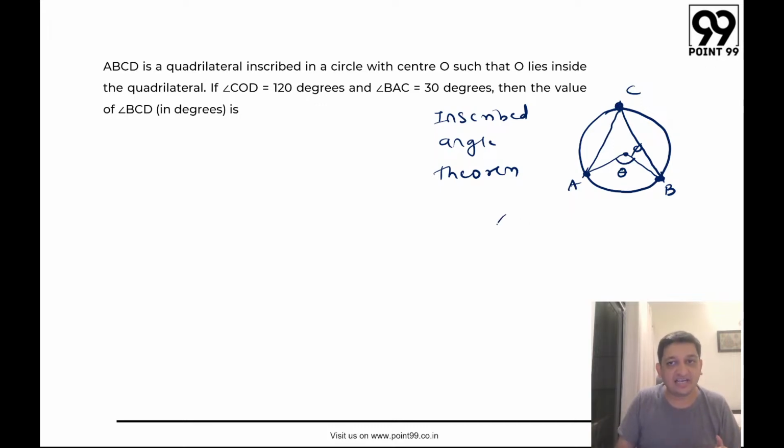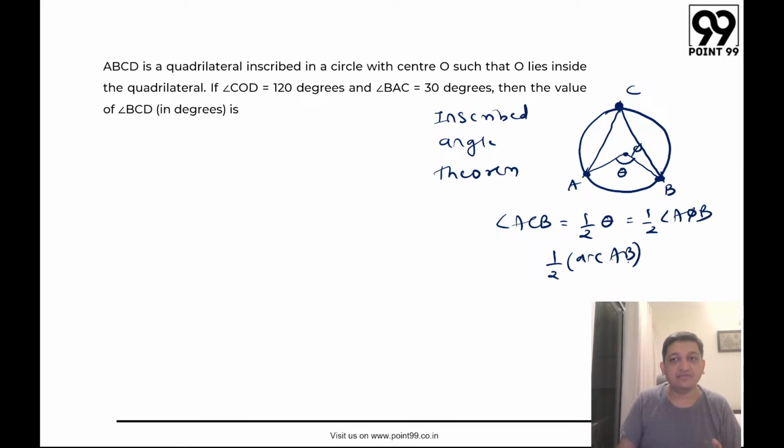Then we can say that angle ACB will be equal to half of theta, or half of angle AOB, or you can say half of arc AB. The minor arc, the smaller arc AB, half of that will be the measure of the angle. So that is what we are saying in this particular context. If you know this, you will be able to manage this question easily, right? So on that note, let's start solving this particular question and let's see how that goes.